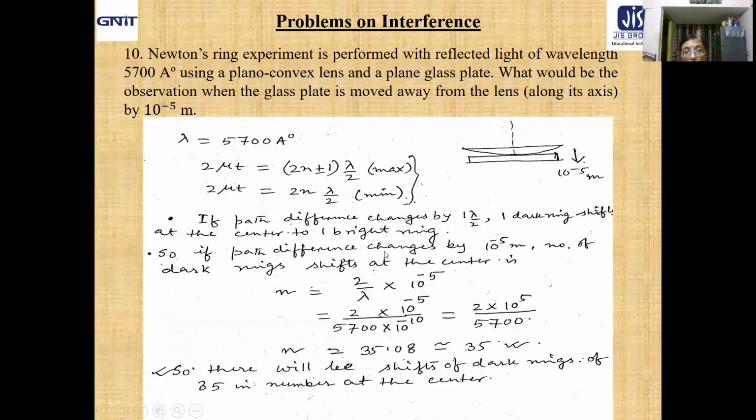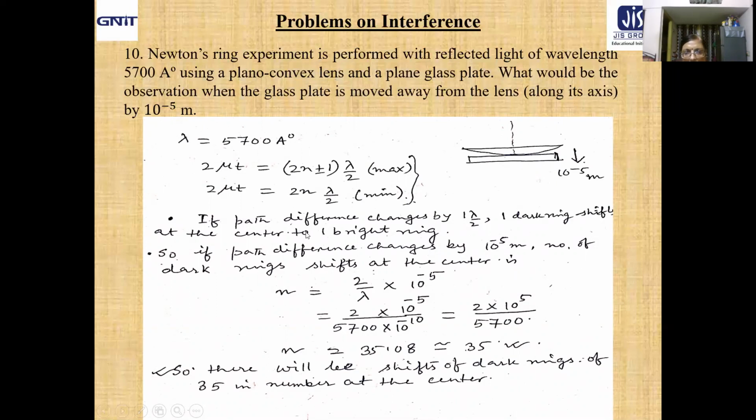So, if path difference changes by 10 to the power minus 5 meter, because you are moving it, path difference is changing. So, if path difference changes by 10 to the power minus 5 meter, number of dark rings shifted at the center, what will be that?